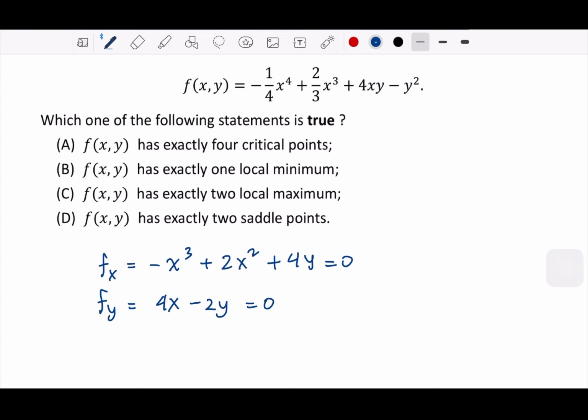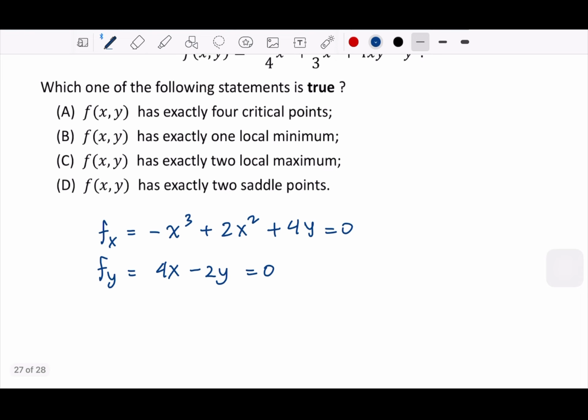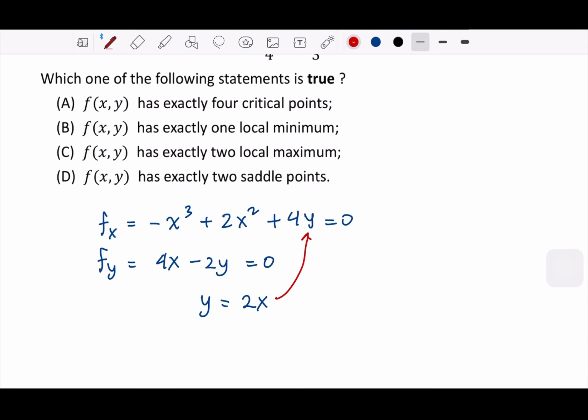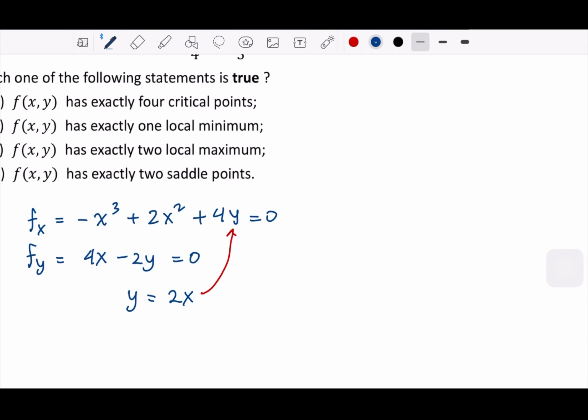This should be equal to 0. Okay, now we have y equal to 2x. Then we can substitute this into here. So we can write minus x cubed plus 2x squared plus 8x equals 0. So we'll have x times minus x squared plus 2x plus 8.